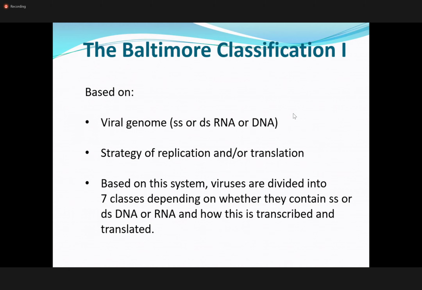So there is no real order or structure to virus nomenclature like you have with bacteria, which are named based on the Linnaean system.